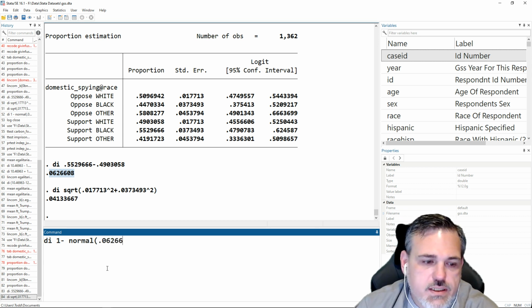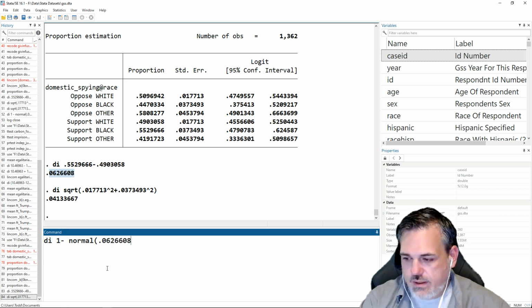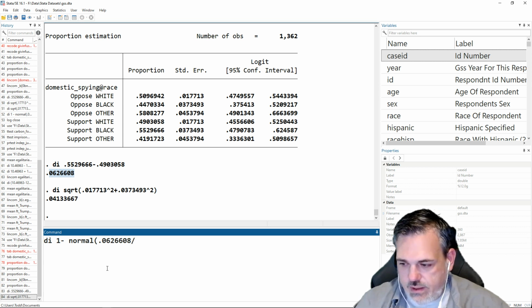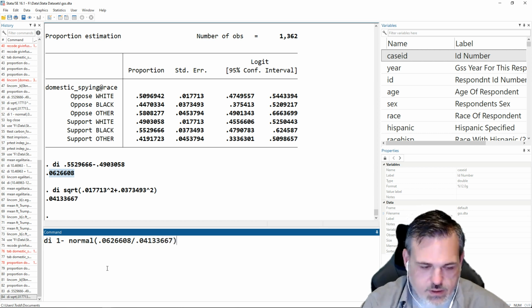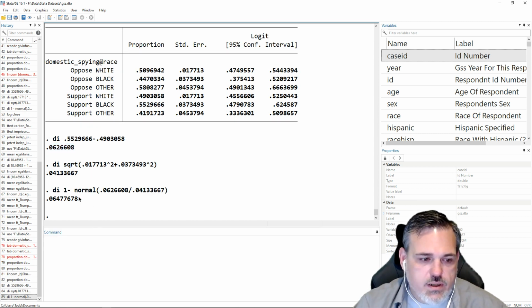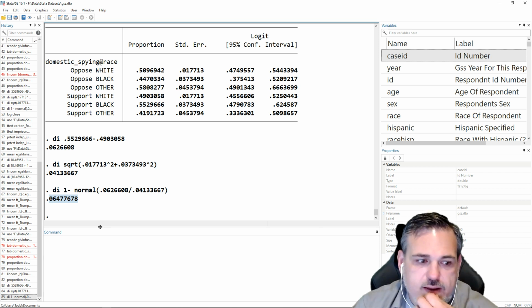So 0.26608 divided by 0.0123667. And our z-score, not very high. So what it's telling us is that the statistical difference between the two does not exist.